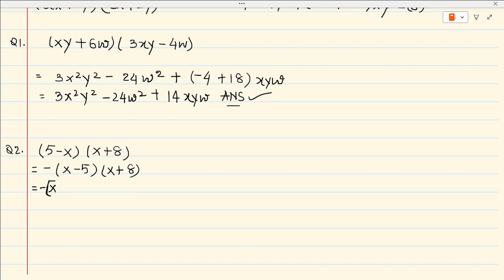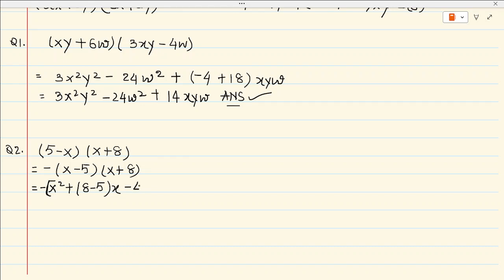Now x square, as we know, put the minus sign outside the bracket. This minus sign is outside, and this is inside the bracket. X square, plus sign here, sum of the terms 8 minus 5, 3x, plus the product.